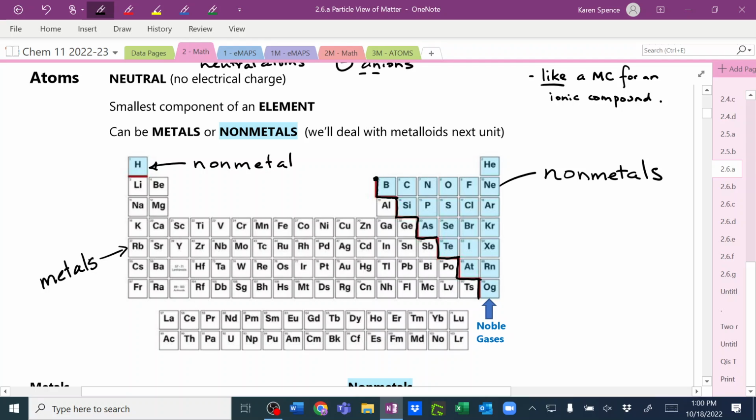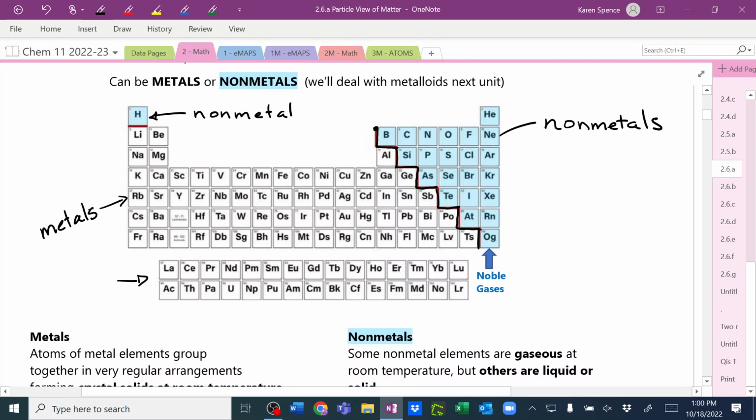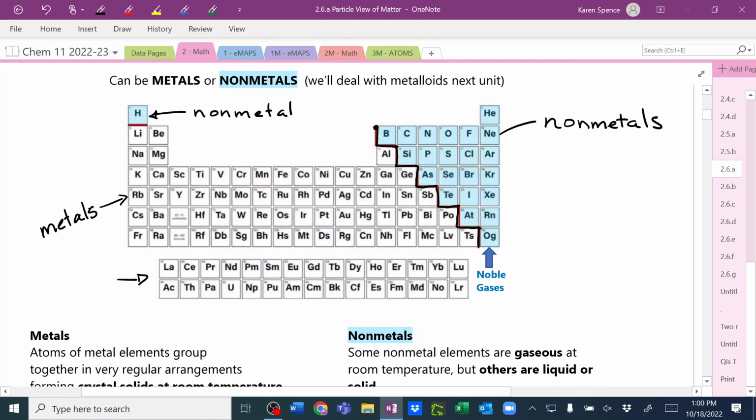And how about these guys at the bottom here, these couple rows down at the bottom? Those are also metals. Even though you maybe don't have the lovely blue color, you should have things that are gray and things that are colored in white.